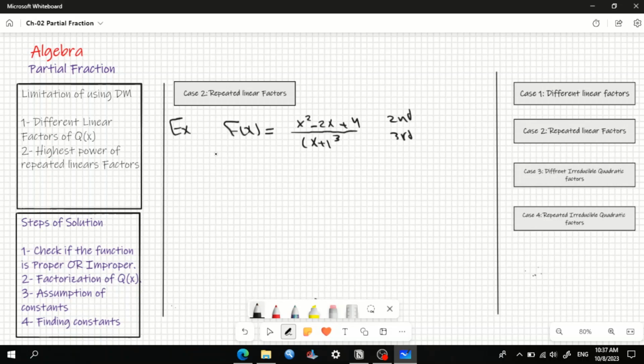Now write that by multiplying by the common denominator.